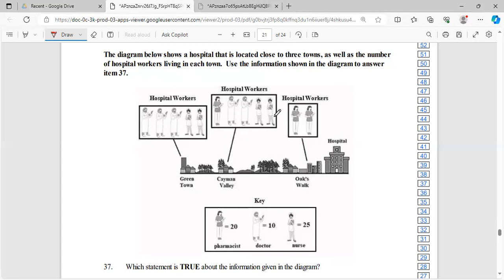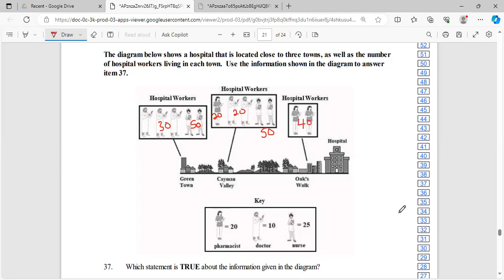And what I'm going to do is put them in, because it can be a little confusing. So the nurse represents 25, the doctor 10, and the pharmacists are 20. Let's drop in the numbers first. Doctors are 10, so that's 3 of them, which is 30. This one is the nurse, so 25 and 25, 50. For Oaks Valley, they only have pharmacists, which is 2 of them, which is 40.